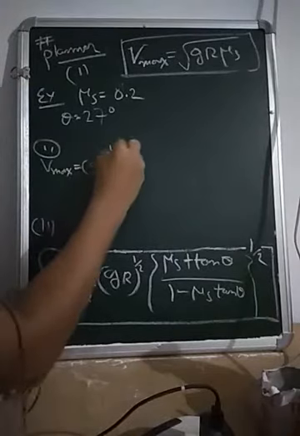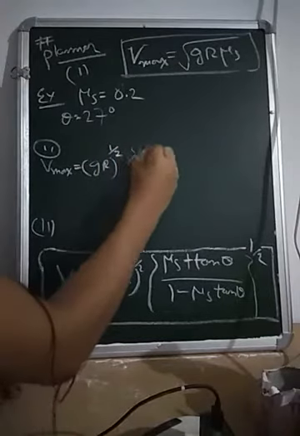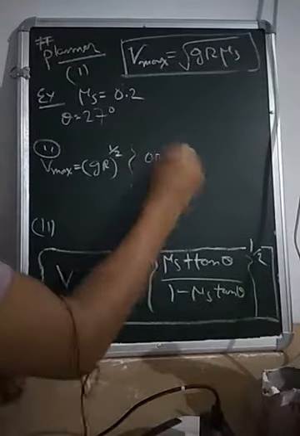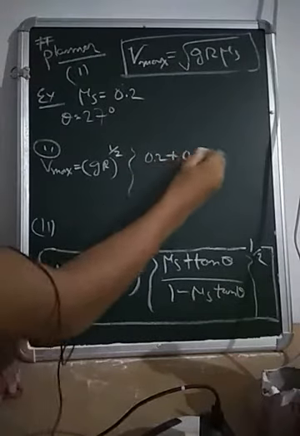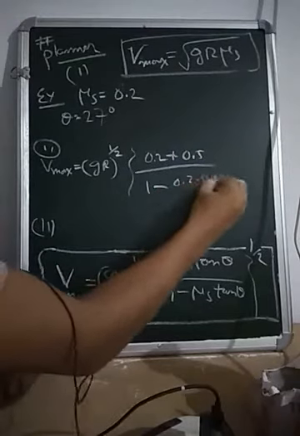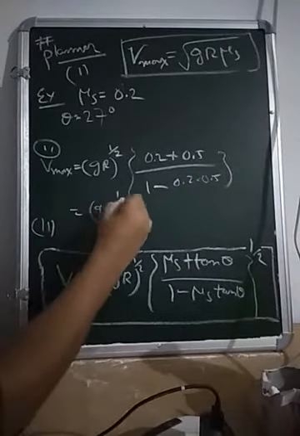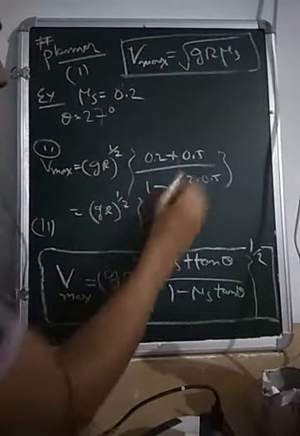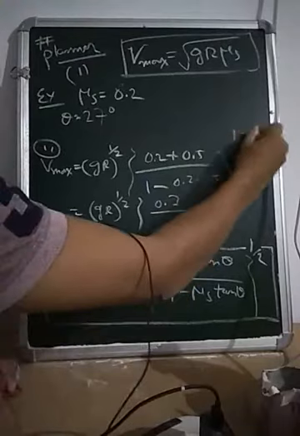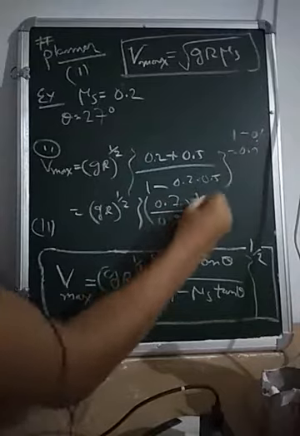Vmax is g r to the power half, suppose radius is r, I am not giving the value of radius, times mu s is 0.2 plus tan 27 degrees, which is nearly equal to 0.5, divided by 1 minus 0.2 into 0.5. So it will be g r to the power half, and 0.7 over 1 minus 0.1, 0.9, to the power half.